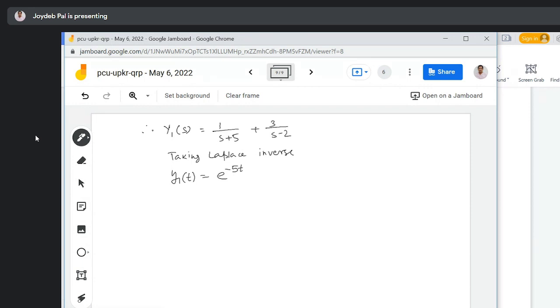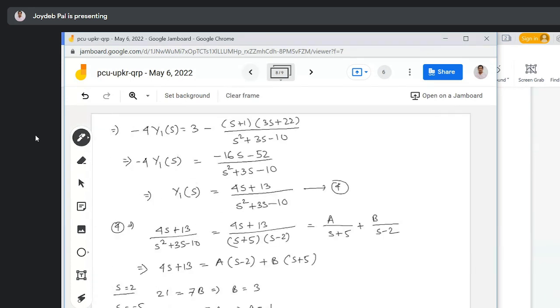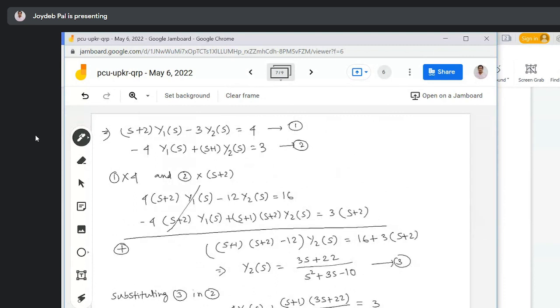And for the second, 3 e to the power 2t. So we got y1t. Now y2t I need, which is the Laplace inverse of y2s. That means from equation 3, we will get y2t.